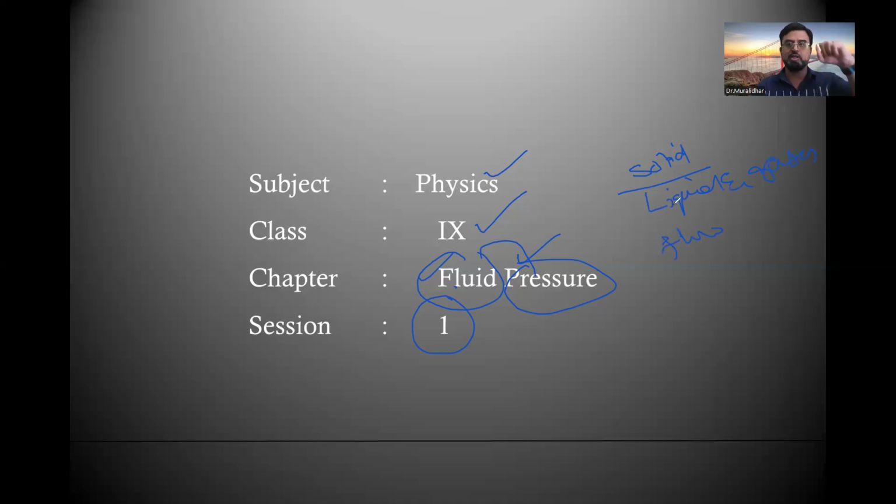When you drop some water on the floor, it won't stay there, it will flow. When you draw air also, it will flow from one place to another. So the states of matter which flow are called fluids. Whether it's a liquid or a gas, they exert some pressure. The pressure exerted by the fluids is called fluid pressure.